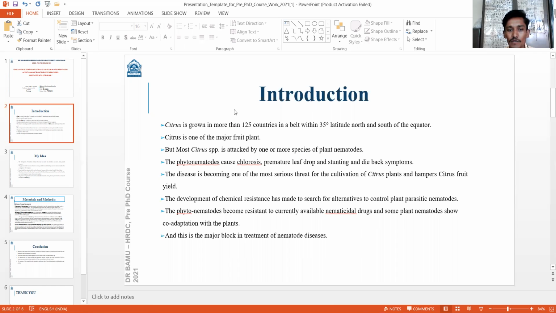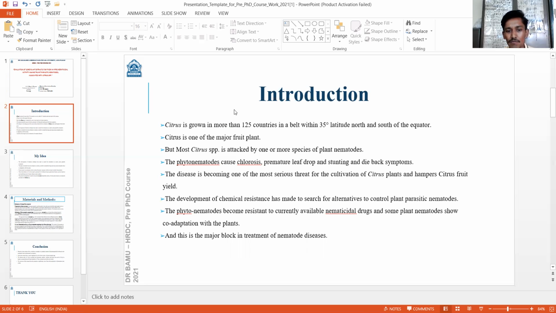The development of chemical resistance has made us search for alternative ways to control these nematodes, especially on citrus species. The phytonematodes become resistant to currently available nematicidal drugs, and some plant nematodes show co-adaptation with the plants because of their evolution.